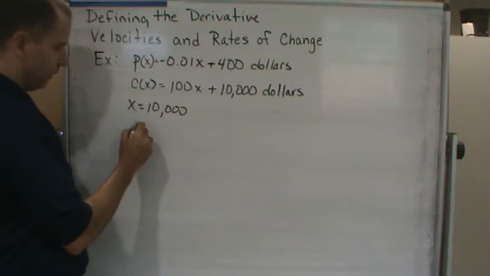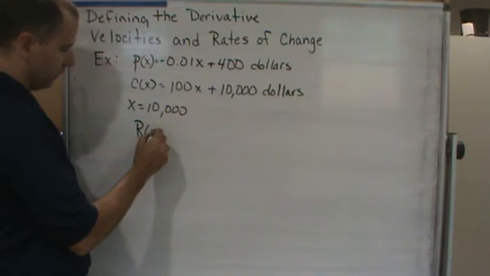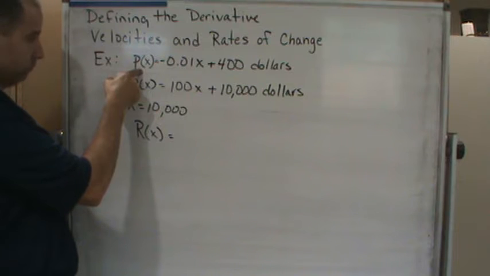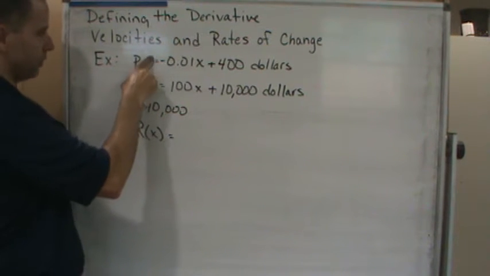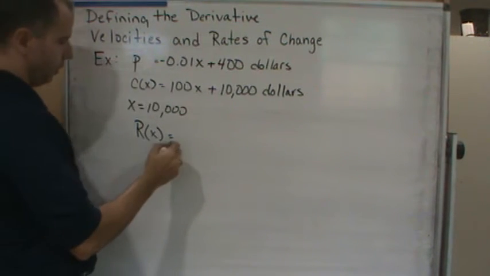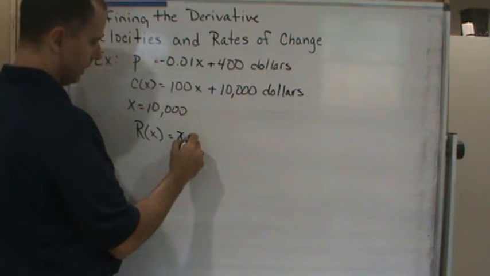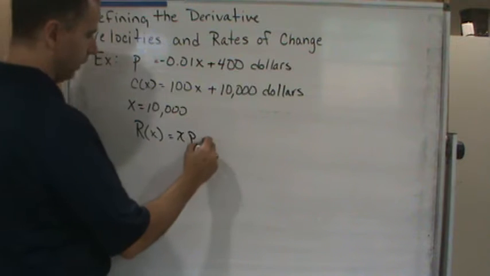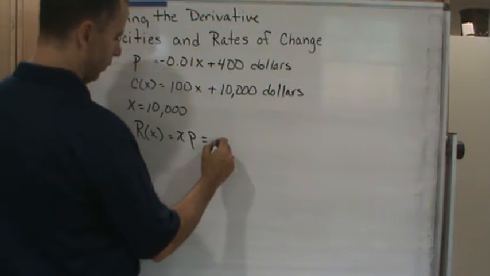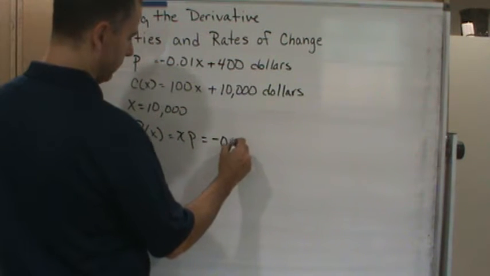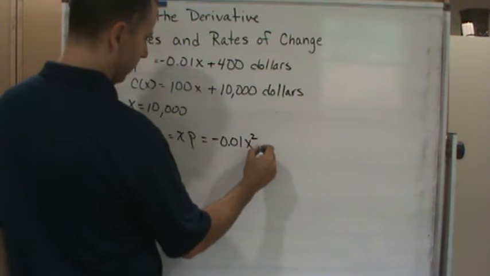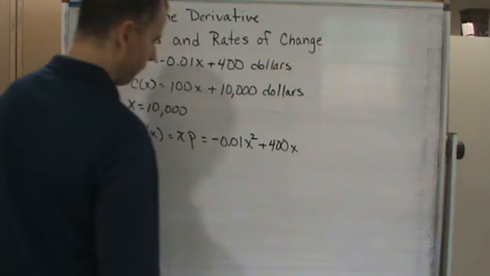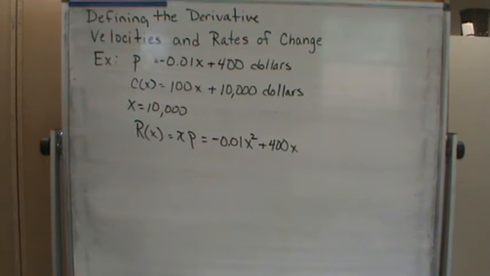We can come up with a revenue function of x times P, right? So it's going to be x times P of x, which is then going to equal negative 0.01x squared plus 400x dollars.